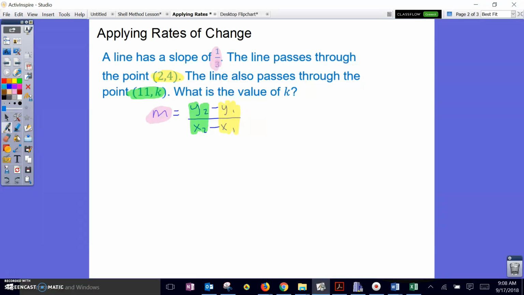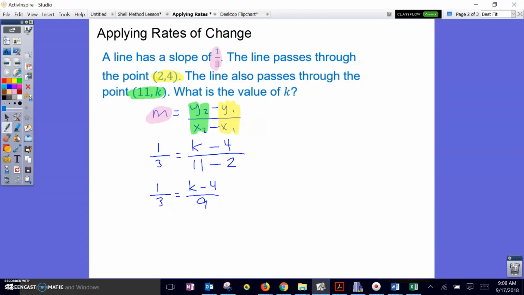And so I'm going to go ahead and do that, and I get 1/3 equals k, and put 11 in the denominator, and then in the numerator I've got 4, I've got 2. Now I want to simplify a little bit. I'm going to go ahead and do the subtraction that I can do.